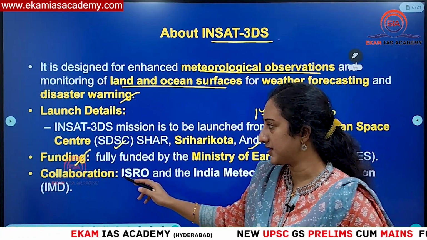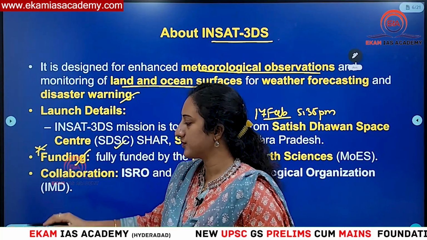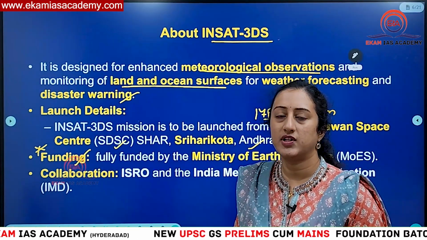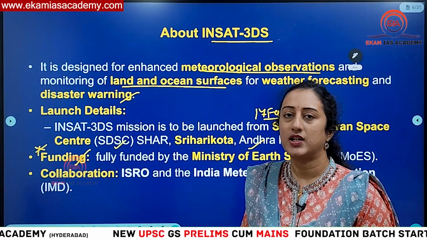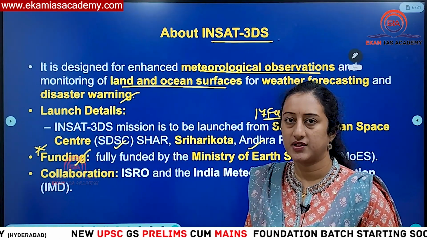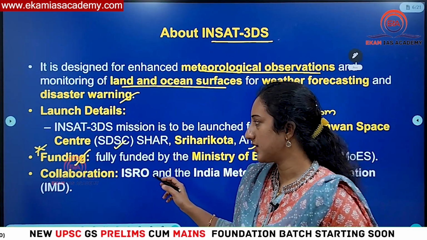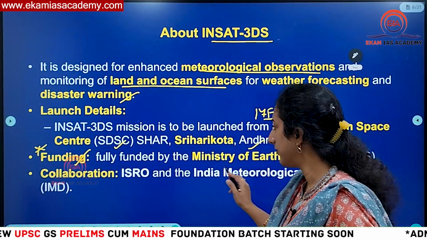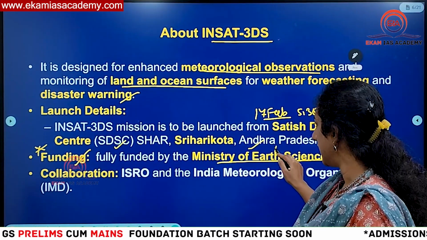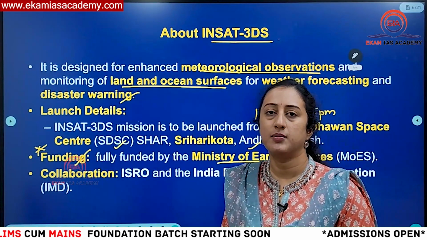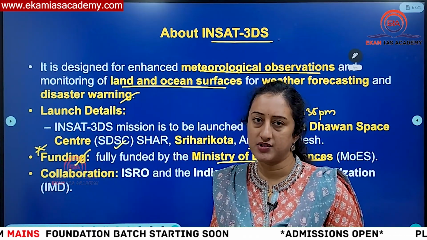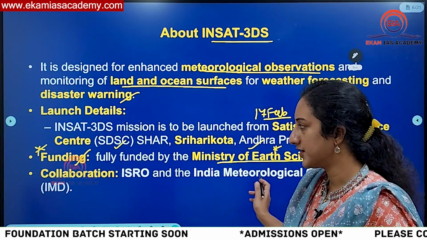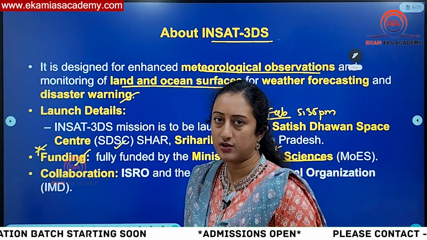This is one basic thing which you have to know, because most students, when any launch is done by ISRO, think that it comes under the Department of Space under PMO, but that is not the case here. It is funded totally by the Ministry of Earth Sciences, because it is giving all the earth related data and meteorological data, and even data for disaster management. That is why the Ministry of Earth Sciences has fully funded this particular launch.